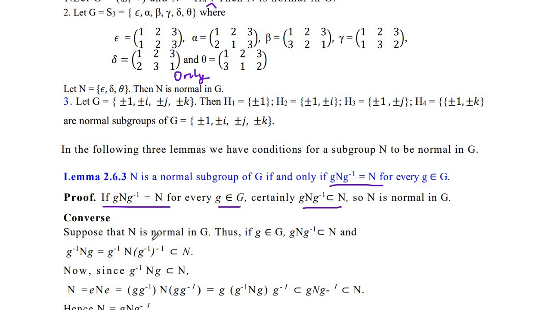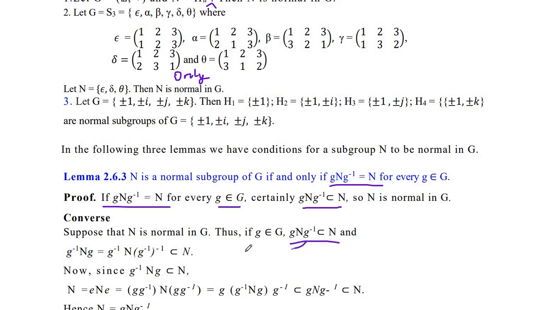Now suppose that N is normal in G. Then you have to show that gNg⁻¹ equals N. Again by the definition, one way we have the inclusion to be true. Next we consider g⁻¹Ng. If we consider this, we can rewrite it as g⁻¹N(g⁻¹)⁻¹.